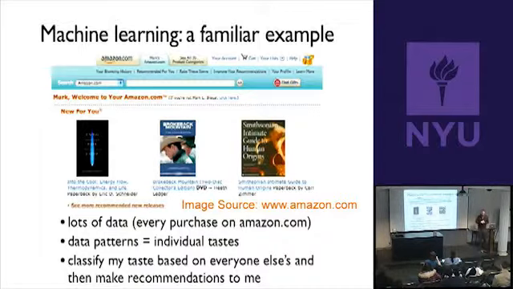And then you look for people who have similar tastes, right? Similar patterns. And let's say there's a book on someone else's list where that person matches me really well, but I haven't bought that book yet, but they have. Then it'll make that recommendation to me.